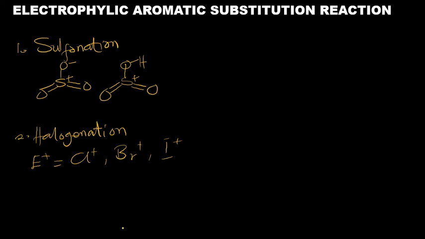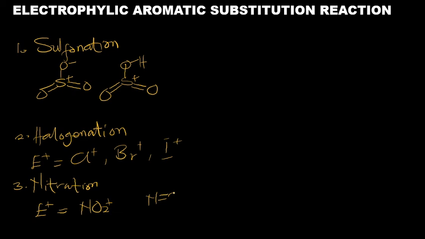And when we are doing nitration, so we have number 3, nitration. What is going to be our electrophile? Our electrophile is going to be NO2 plus. And what is the structure of NO2 plus? We have nitrogen doubly bonded to oxygen, and there is a positive charge on the nitrogen, which makes it an electrophile.